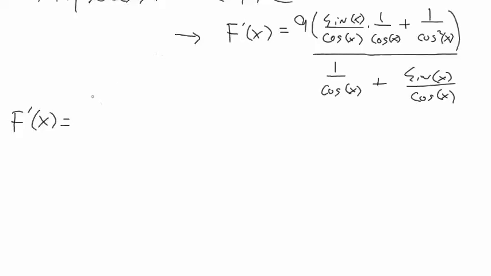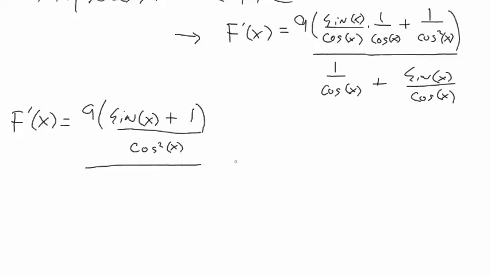So we end up with 9. Now, we have a cosine squared x here and a cosine squared x here, so we have a common denominator. We end up with sine x plus 1 over cosine squared x.